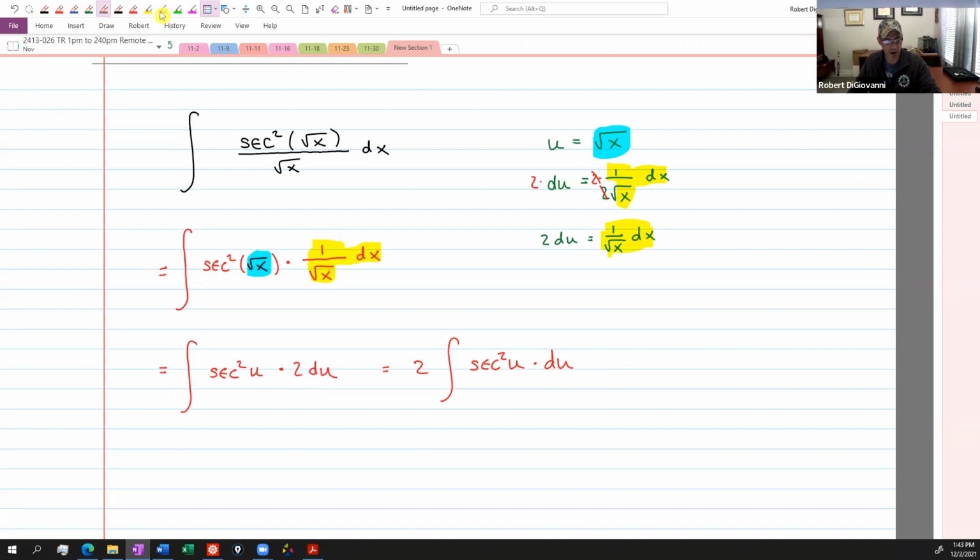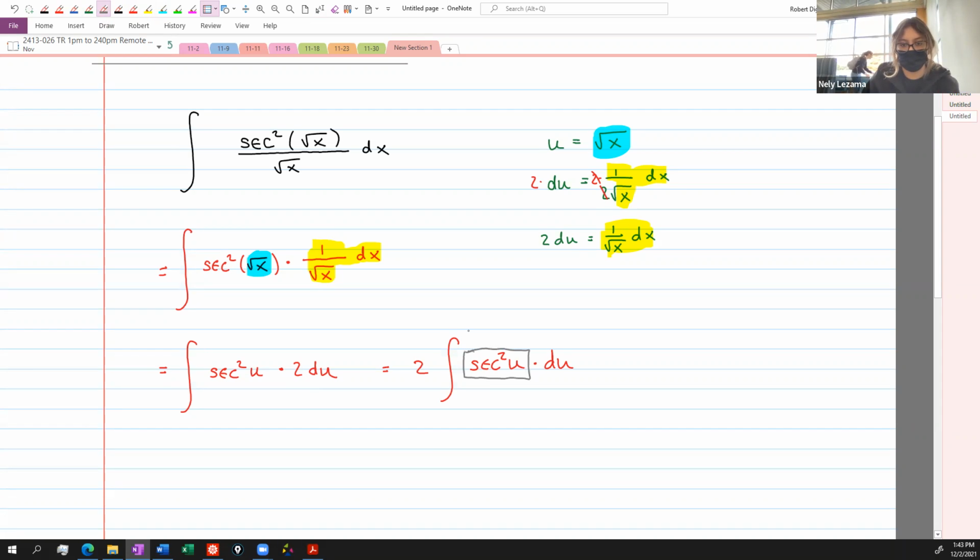So that means, Nellie, all you have to do, since everything is cleaned up, is tell me what the antiderivative of secant squared of u is. And I will ask, let's see, Maddie, how about Maddie? Seems like I haven't talked with Maddie in a while. Maddie, do you remember what the antiderivative of secant squared u is?